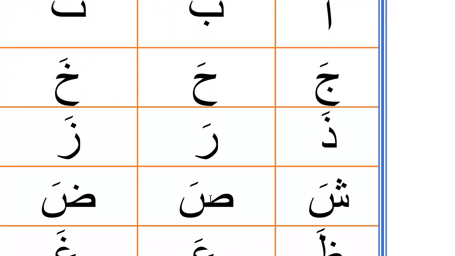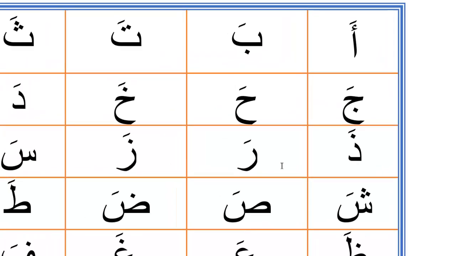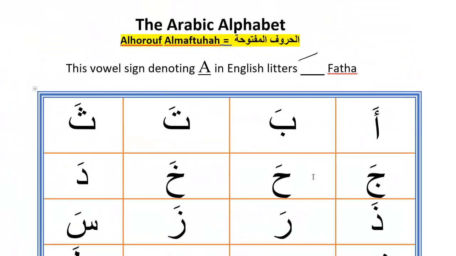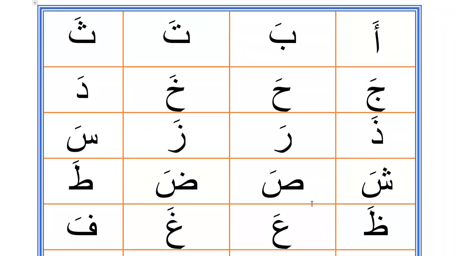Why sa or sha or da or a or ba? Because this is Fatha. Fatha means you have to open your mouth and say a, ba, ga, and so on. Okay, so it's not very difficult, just follow me step by step.